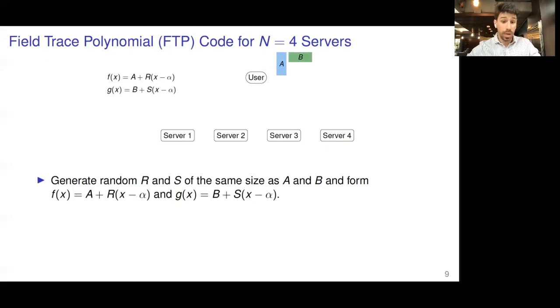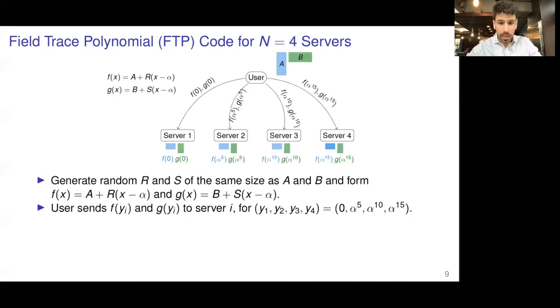Then the user also selects some evaluation points to encode matrices A and B and sends each evaluation to each server, similar to the last case.